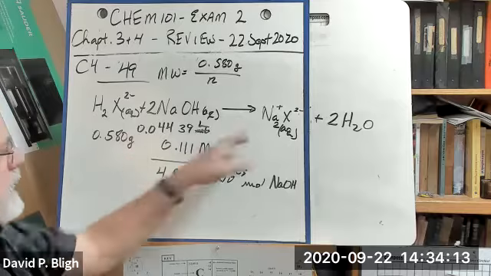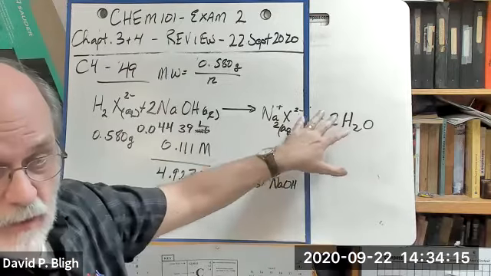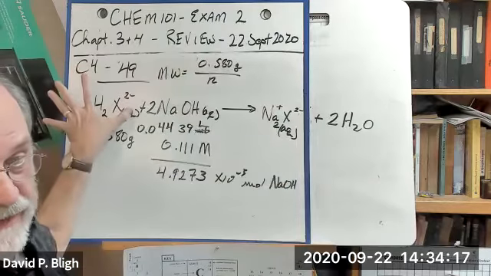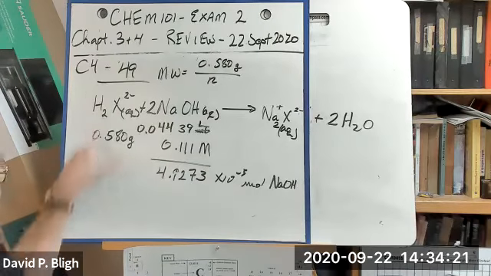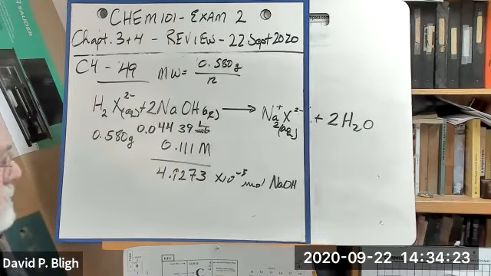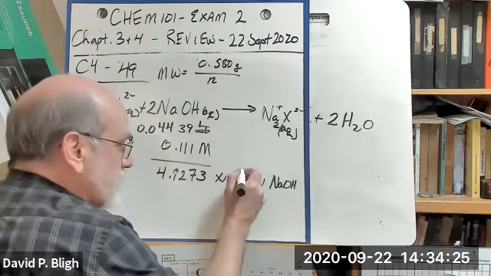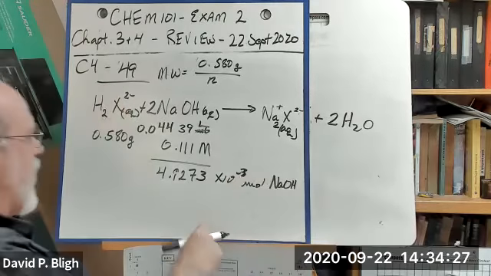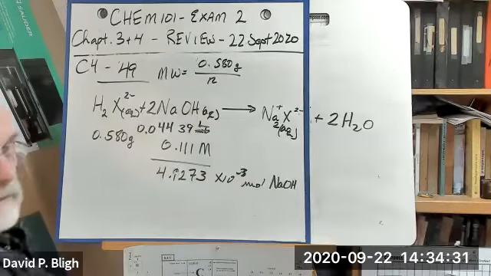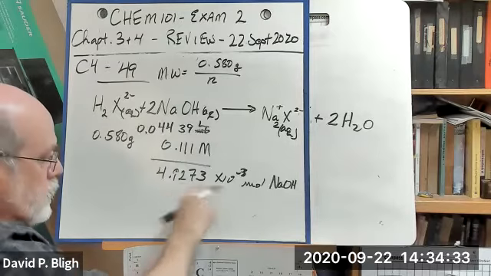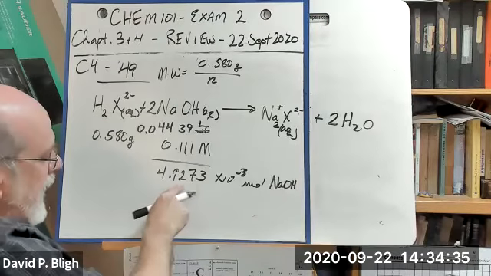Now, the only reason we needed to know this side of it was to get balanced for this side, because we're going to convert this to that in moles. Right? So now that we have this many moles of that, how many moles of this do we have? Well, the ratio is 2 to 1. For every 2 of these, we have 1 of those, so we need half of this.